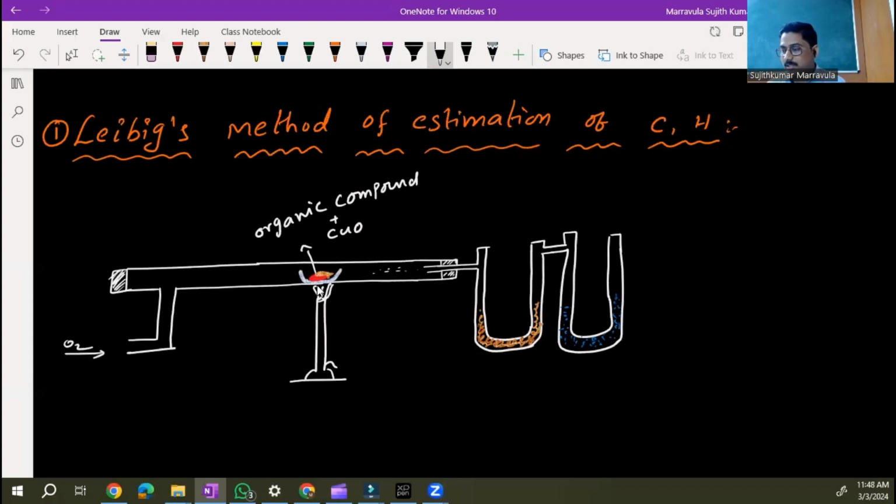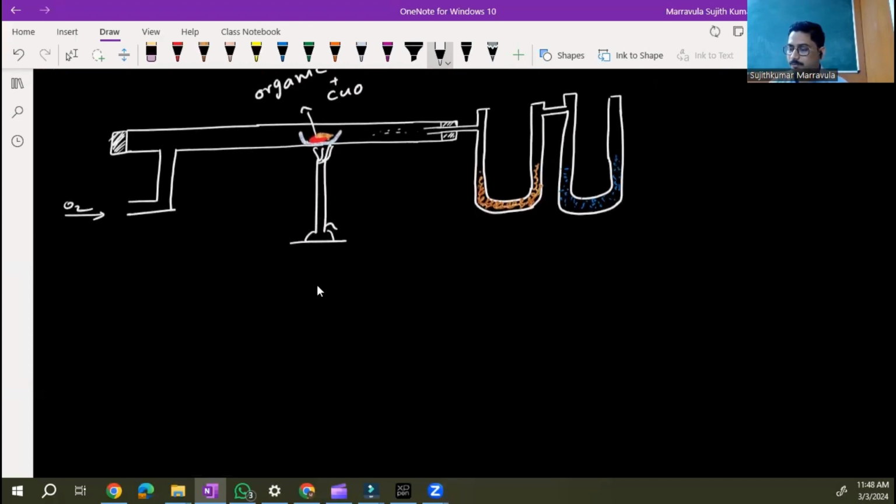An organic compound contains carbon and hydrogen. If carbon reacts with CuO, you get CO2 and Cu. So CO2 gas can be produced.